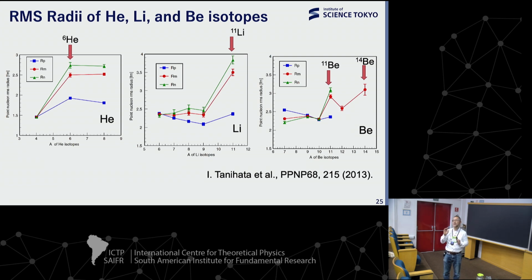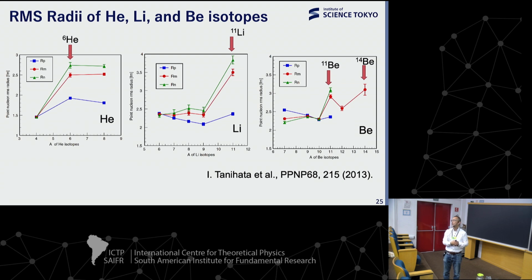But in general, you can knock out anything, even inside the core also. Right, but to study halos, is it preferable to knock out the outer ones then? Yes, for halos, we would like to see the knockout from the halo. So that's why we also measure the lithium-9 residue. Right. Okay, thanks.